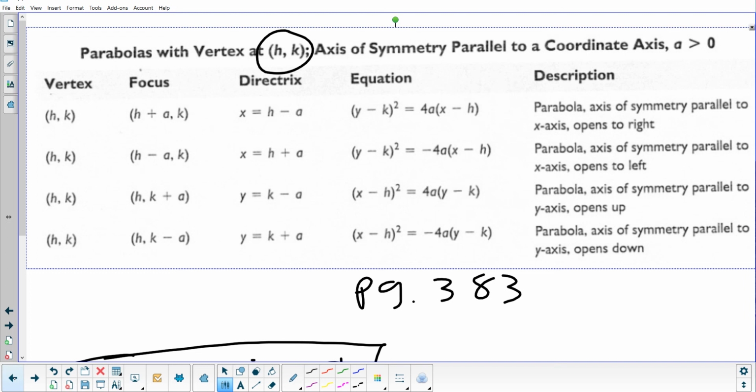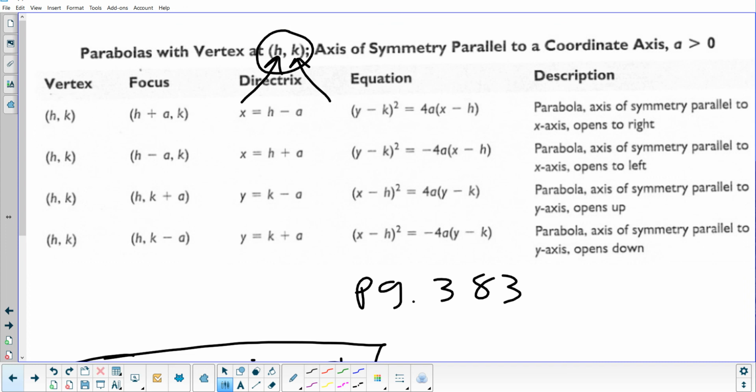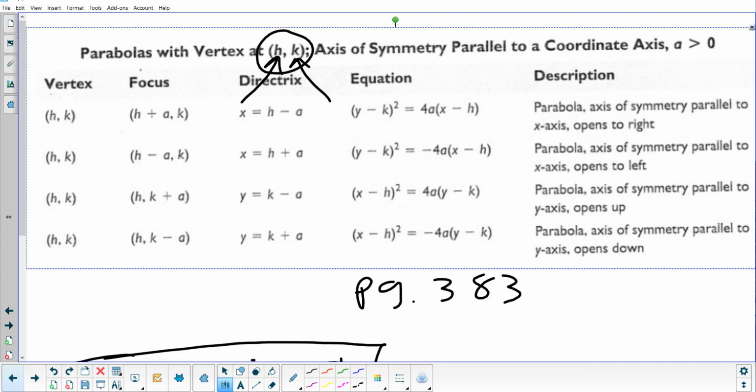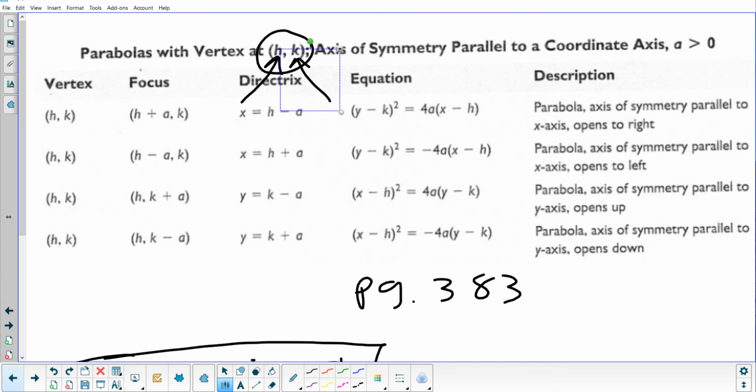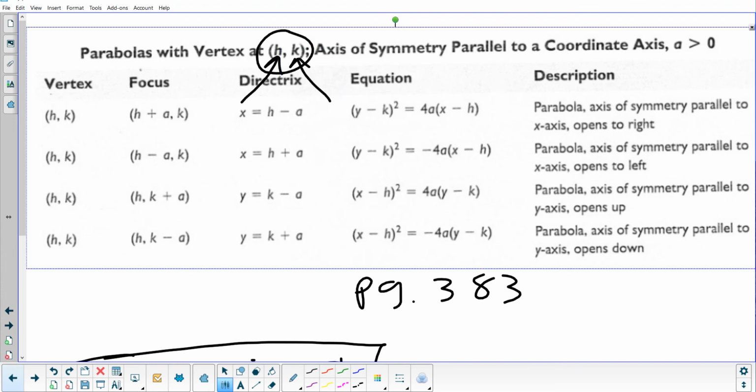And the h value is in the first part of the coordinate, and the k value is in the second. That means since h is in the first part, h is always the number that gets paired with the x. K is in the second part of the coordinate. That's the value that always gets paired with the y. If you switch them, you could shift your parabola up too instead of right two. It makes a difference. So you have to put the h value with x and the k value with y.